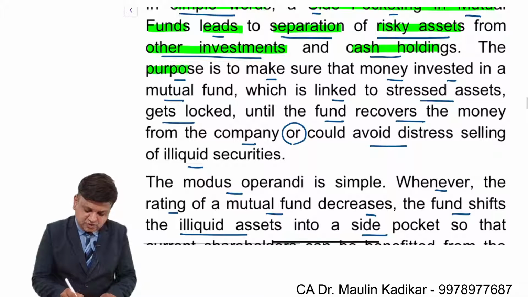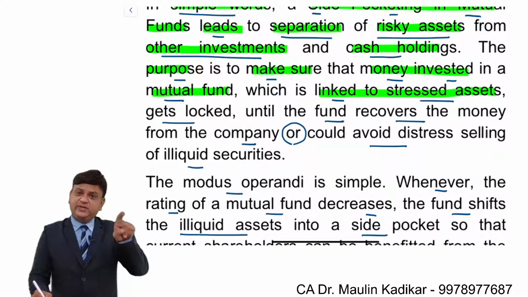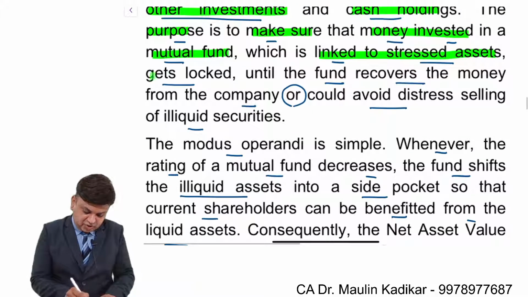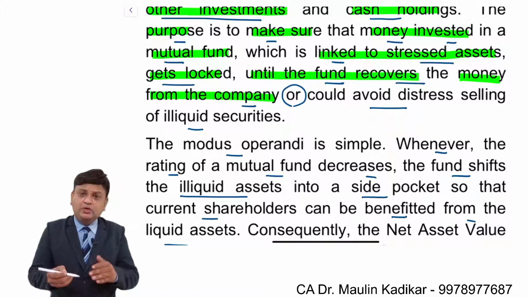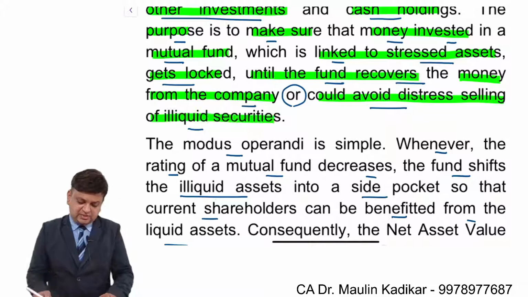The purpose is to make sure that money invested in mutual fund which is linked to stressed assets, stressed asset meaning the debentures of company X in our example, gets locked until the fund recovers the money from the company, or could avoid distress selling of illiquid securities.